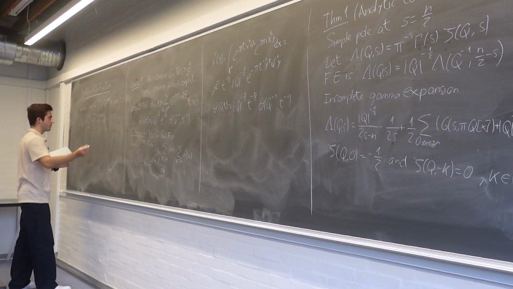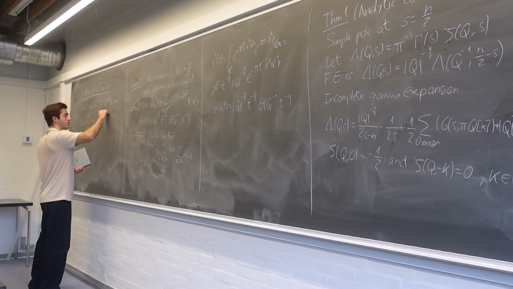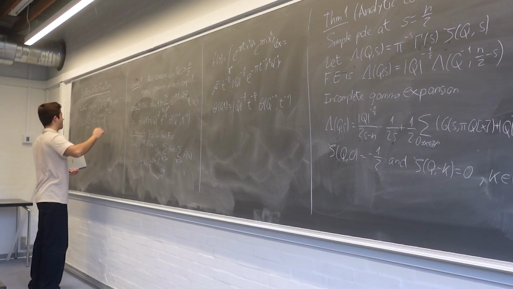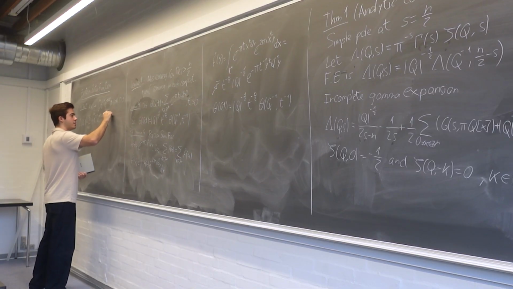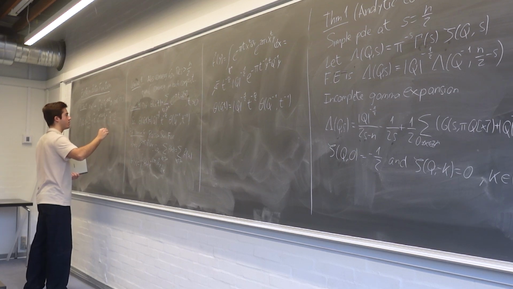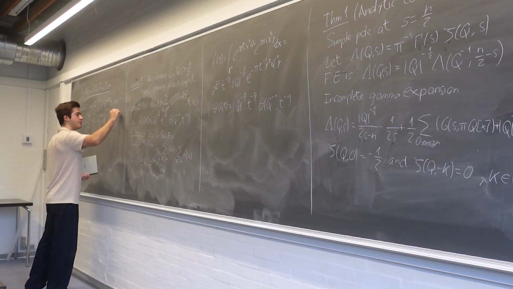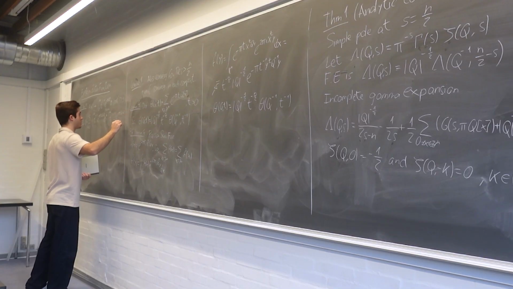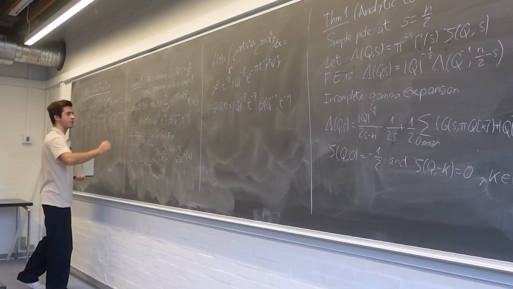And now we will exchange this using Fubini. The integral of t^(s-1), and now sum over non-zero x of e to the minus pi t Q(x) dt.